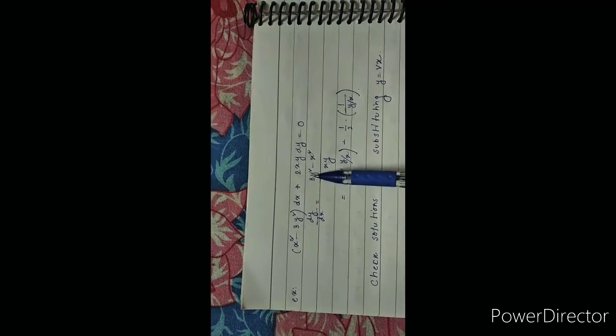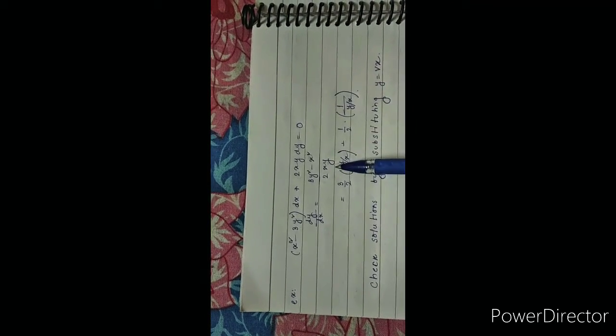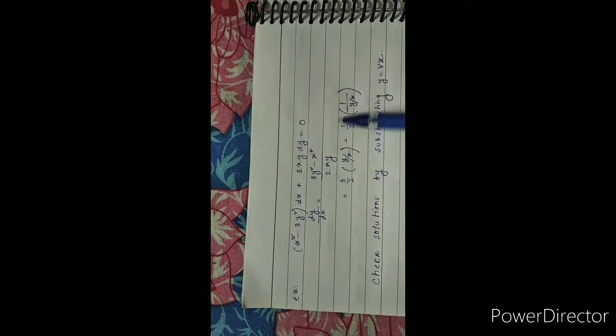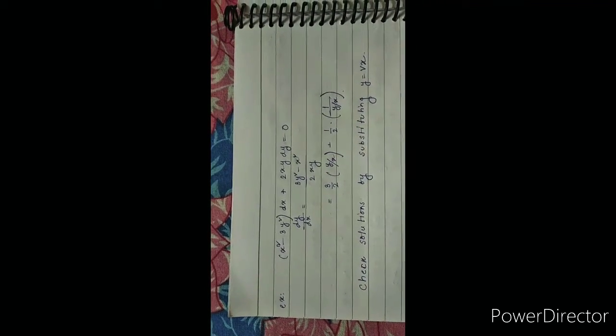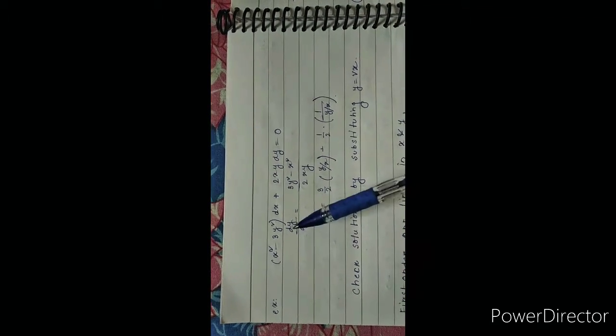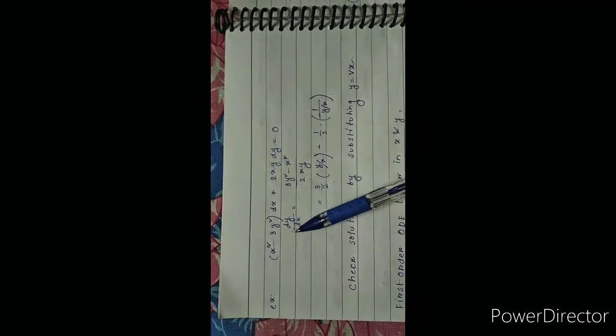This is 3 by 2, y squared by xy, y cancels out, this becomes y by x, minus half x squared by xy, that means x by y. Now x by y can be written as 1 by (y by x). Okay, so this kind of thing. So this equation is homogeneous. So now this equation can be transformed to separable form by this substitution. I think you can do the substitution and solve this equation.